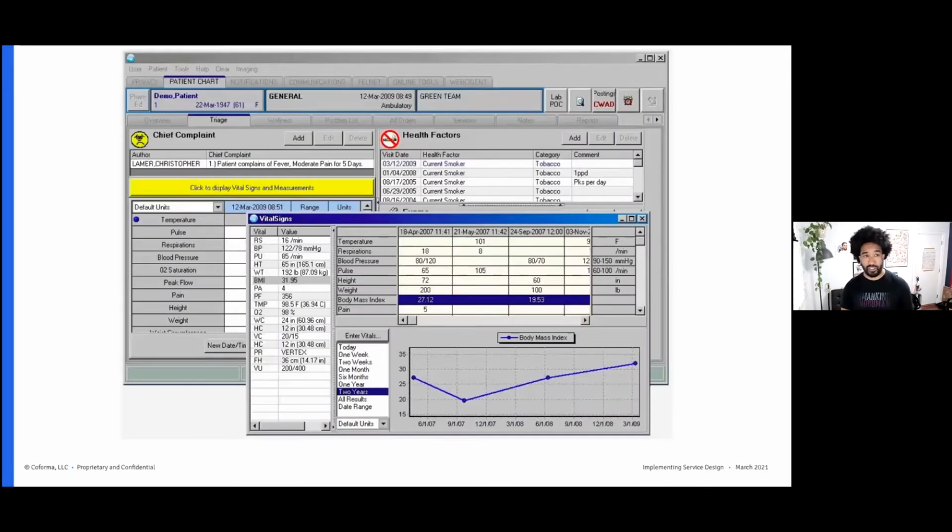So we started seeing more visually meaningful screens, where they started incorporating GUIs, or graphical user interfaces, for the providers.